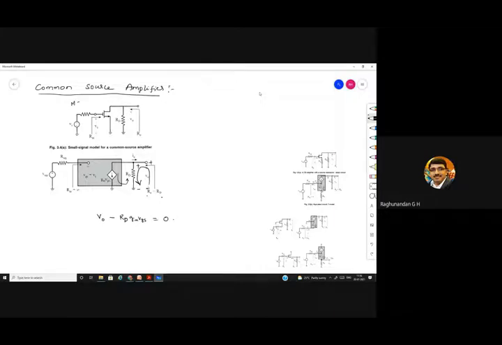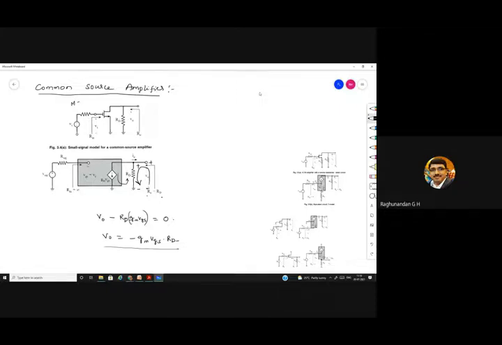Since the current is flowing in the opposite direction, finally we have V naught equal to minus gm into VGS into RD. The current is in the opposite direction, that's why the negative sign comes here.